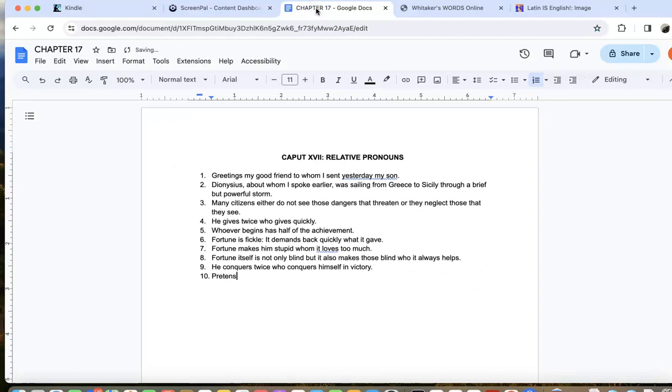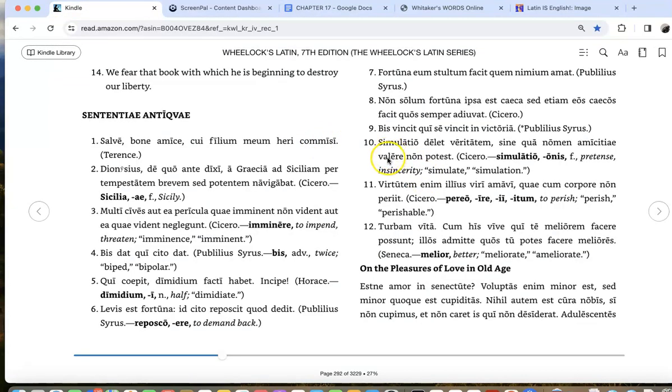So pretense destroys the truth, without which the name of friendship is not able to, I'm going to go with flourish for valere, literally to prevail, to do well.